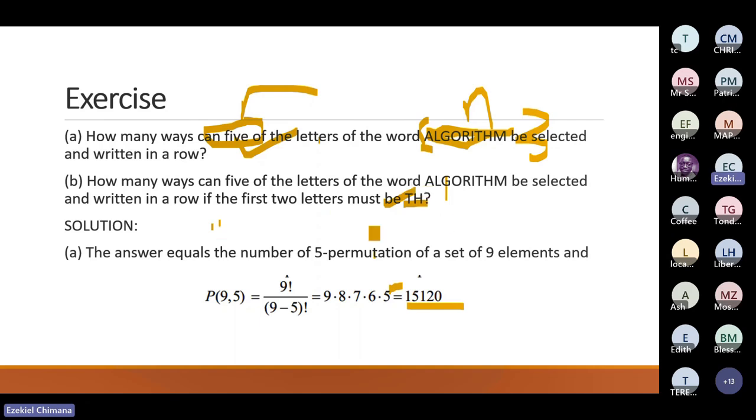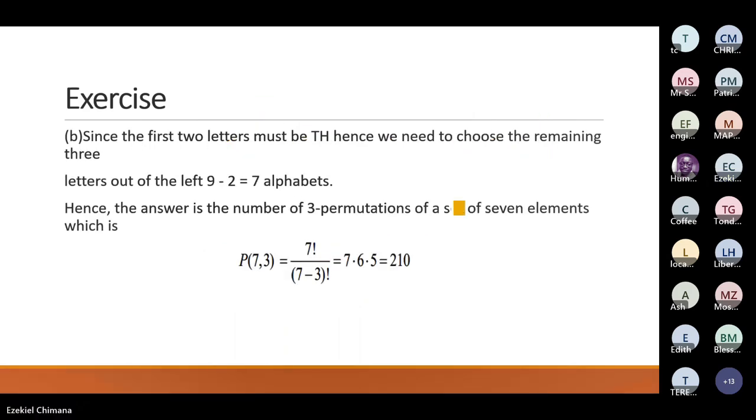So how do you solve this one? You just solve it by reducing your n. How do you reduce your n? Since the first 2 letters must be th, we need to choose the remaining 3 letters out of the left 9 minus 2, or out of the left alphabets.